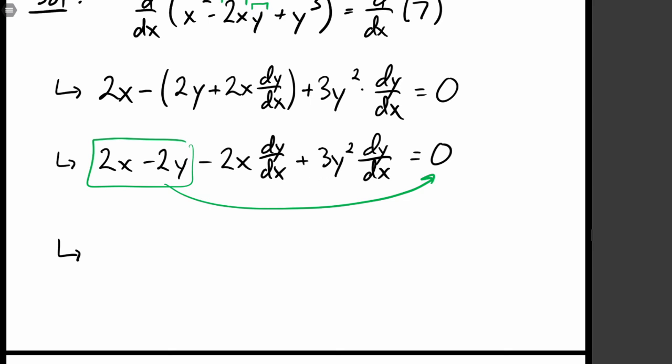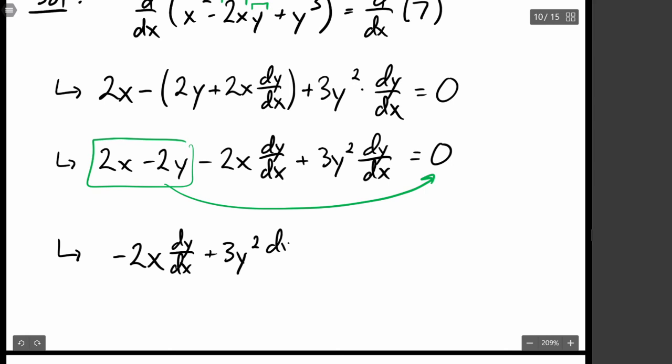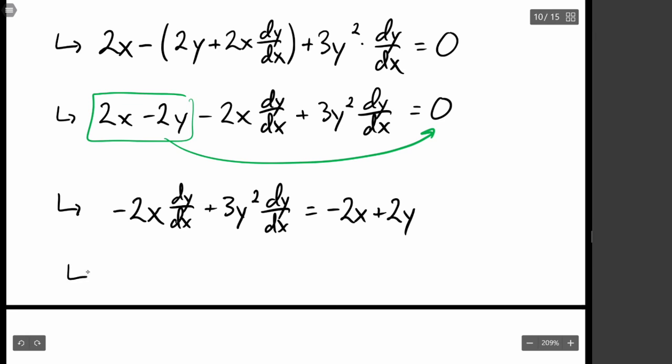So actually, let's do that in the next step. So here we have minus 2x dy/dx plus 3y squared dy/dx equals, when we subtract this over, minus 2x plus 2y. Now we'll factor out our dy/dx. So (minus 2x plus 3y squared) dy/dx equals minus 2x plus 2y.